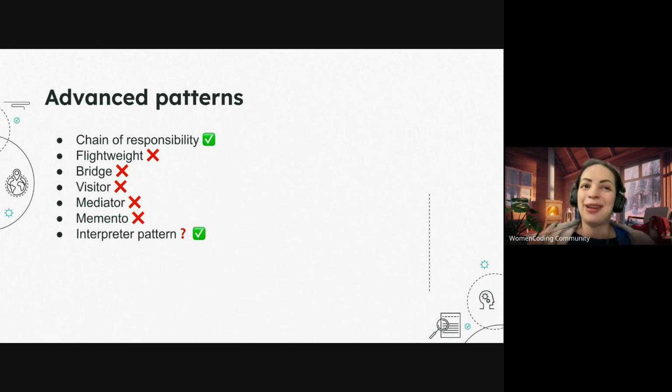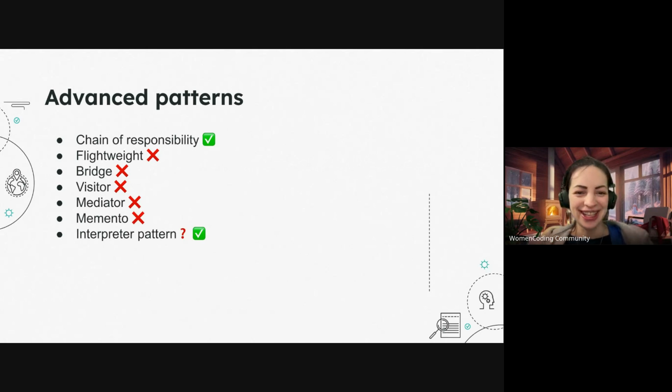Other patterns, again, I put here that I didn't use them and I wouldn't ever be likely to use them. And the last one, interpreter, is very interesting. The Guru Patterns website doesn't have this pattern. They forgot. They have 22. I was like, why did I miss it?